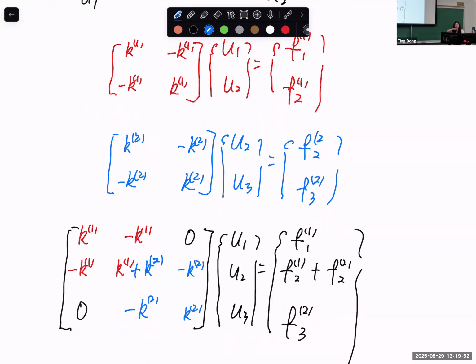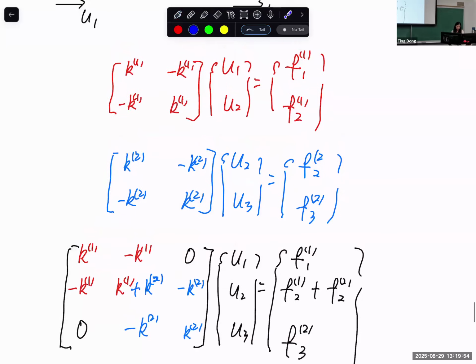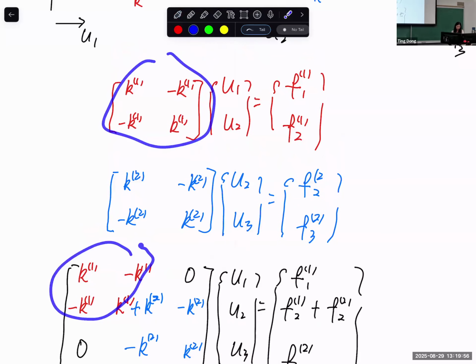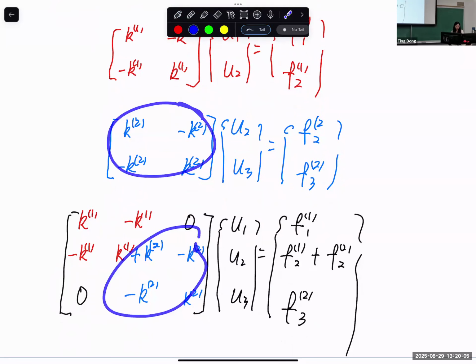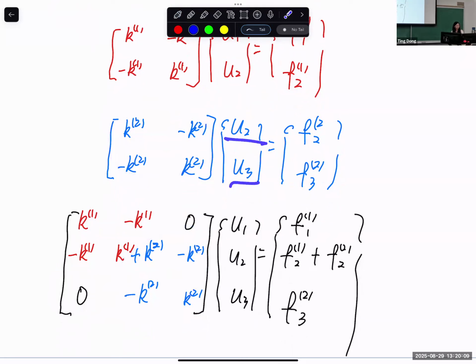Is it clear? You simply move this one to here, because element 1 is only connected to node 1 and node 2. And move this part here, because element 2 is only connected to node 2 and node 3.